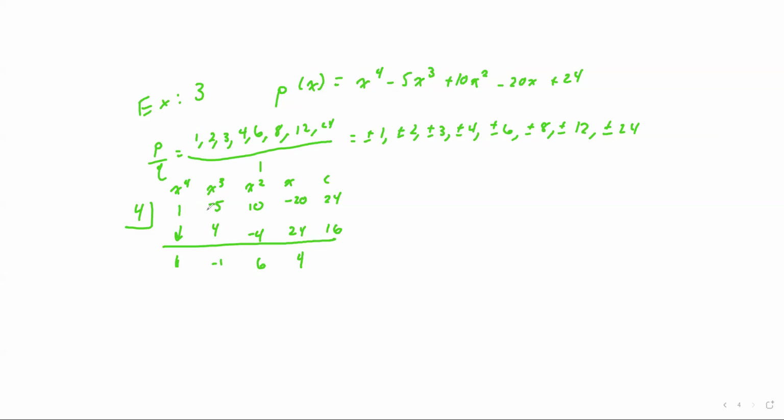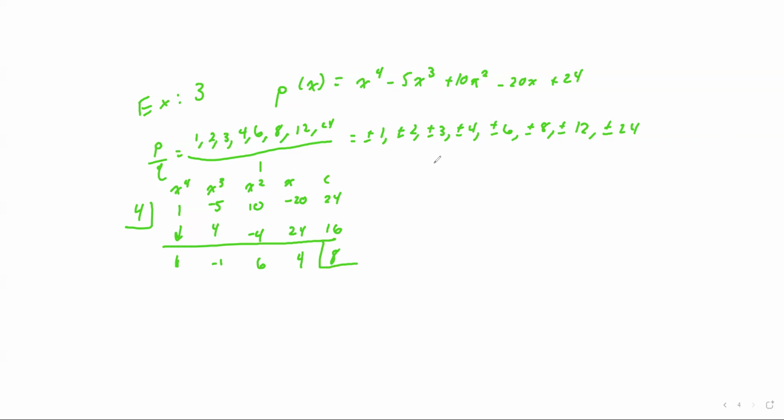Hold on. 1, -5, 10, -20, 24. 4. Yep. 6, 24, positive 4, 16. So this would be 40. So then that would not be 0. And it did not tell me anything. So it's not an upper bound. It's not a lower bound. So I have to choose a different value.